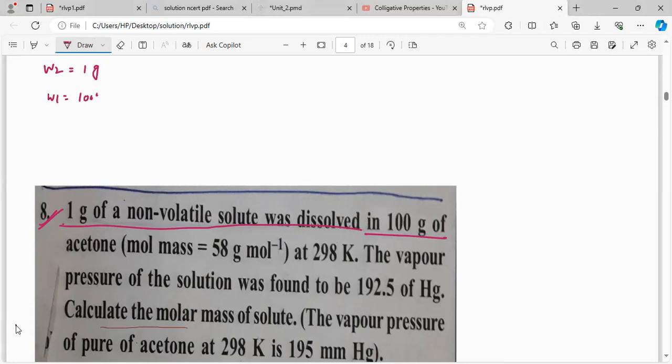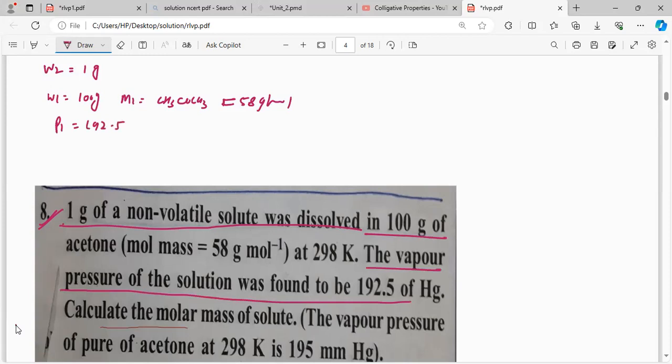Obviously M1, acetone is CH3COCH3, molar mass already given, 58 gram per mole. The vapor pressure of solution was found to be P1, 192.5 mmHg. Calculate the molar mass of this one.